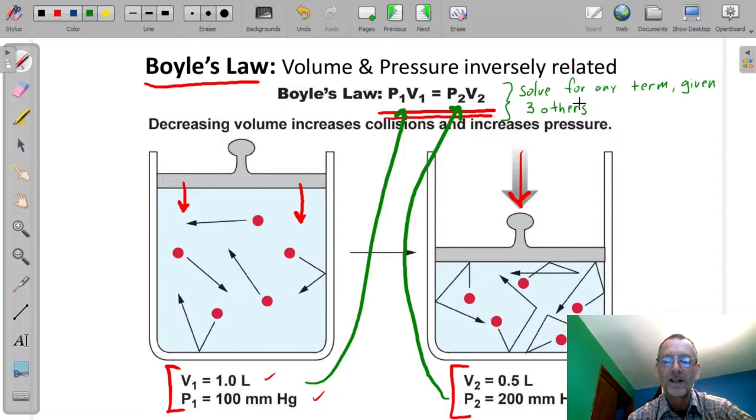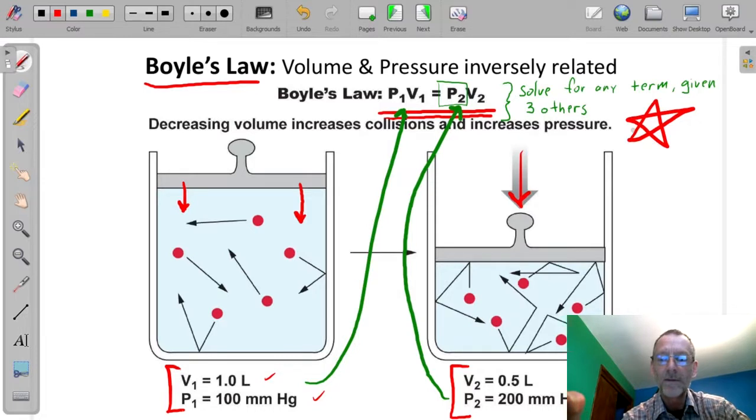You will have to isolate P2 if that was what you're doing. So play around with that. We can do that during office hours if you have trouble with it, but do make a note of being able to do that.